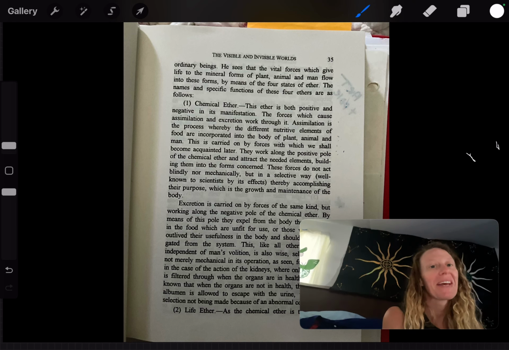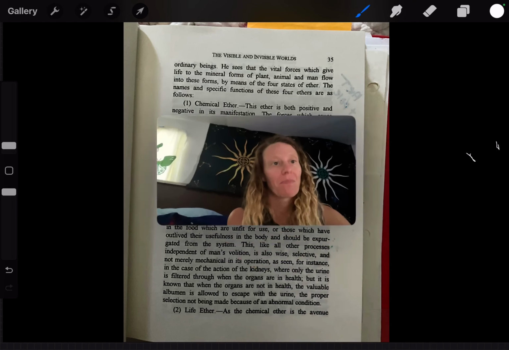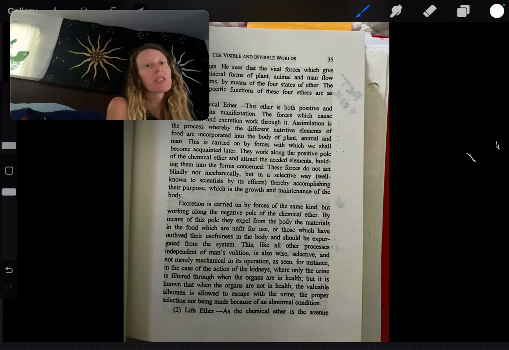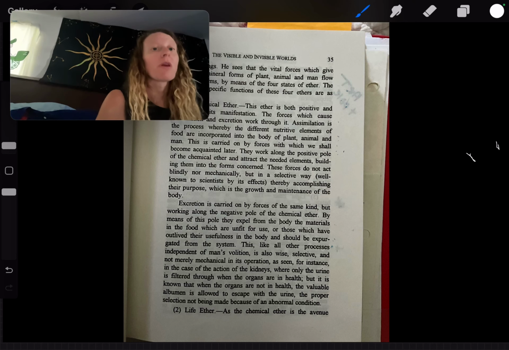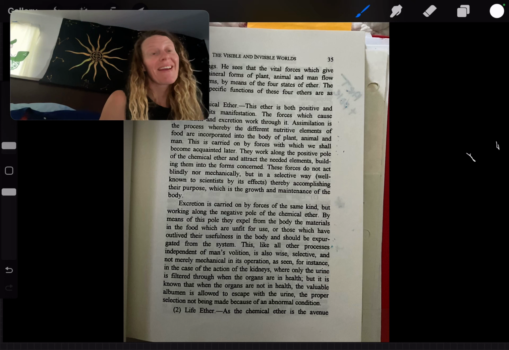These forms do not act blindly nor mechanically, but in a selective way, well known to scientists by its effects, thereby accomplishing their purpose, which is the growth and maintenance of the body. So it makes sense. He's saying that the positive pole works with assimilation, and that's how we grow our bodies big and strong and how we're healthy.